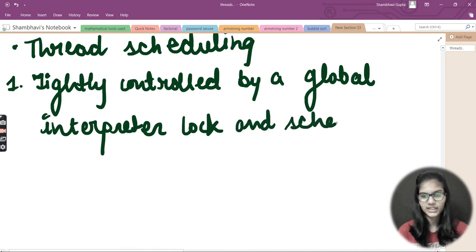So this is the very first thing that happens in thread scheduling: it is tightly controlled by a global interpreter lock and the scheduler.